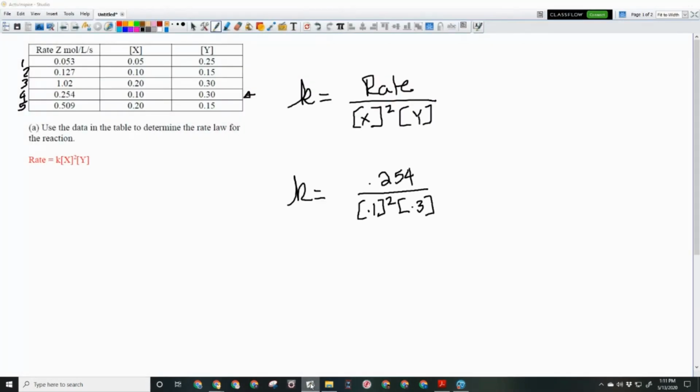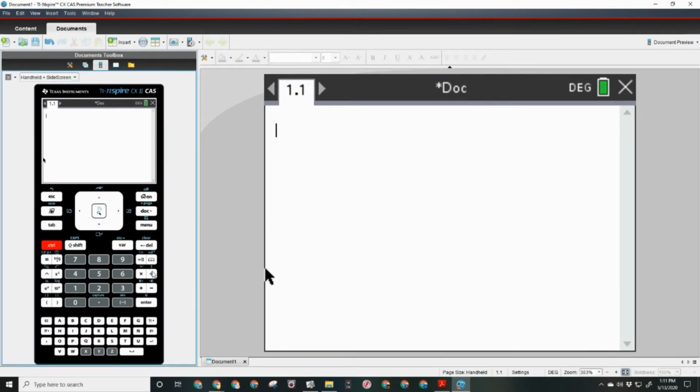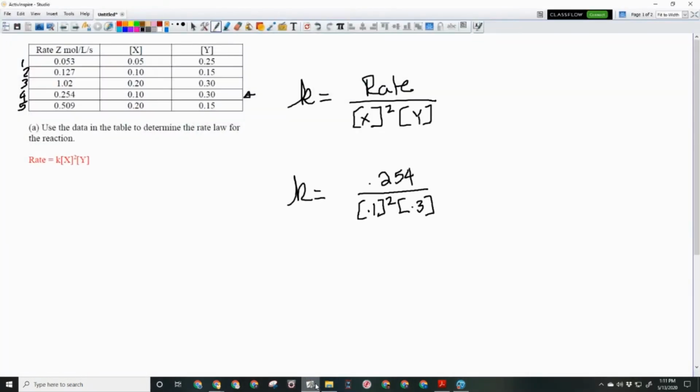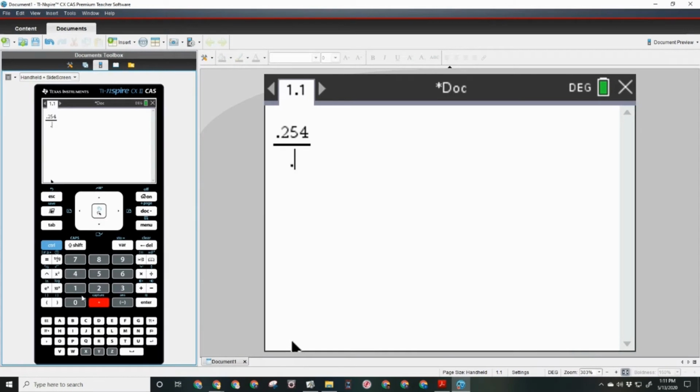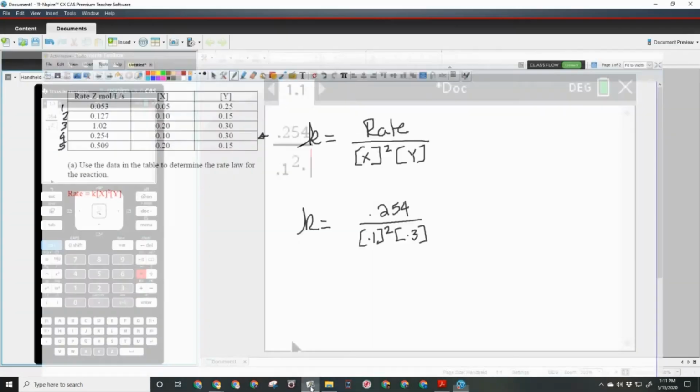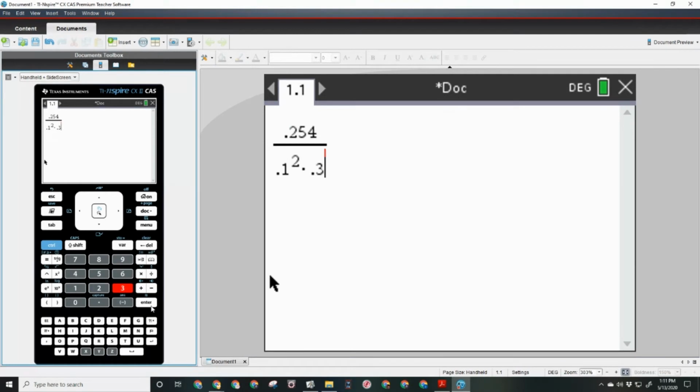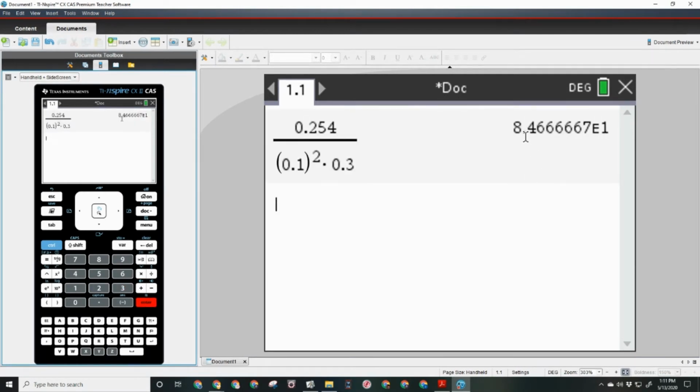Hit control divided by to get your box over a box. 0.254 goes in the top, and in the bottom we have 0.1 squared times 0.3. When we press equal, we get 84.666.